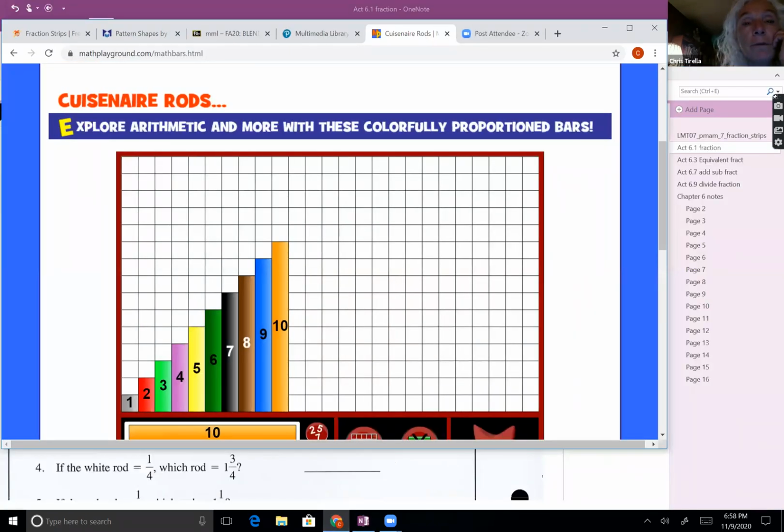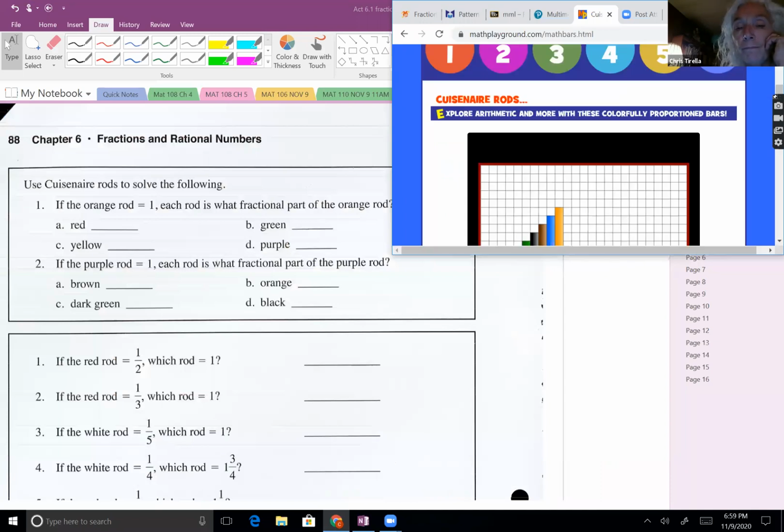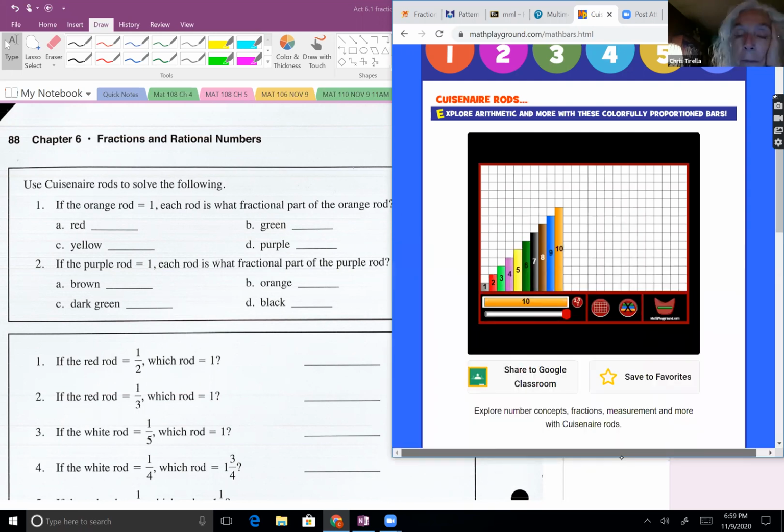And if the orange represents the number 1, what fraction would be the red, the yellow, the green, the purple, and so on.